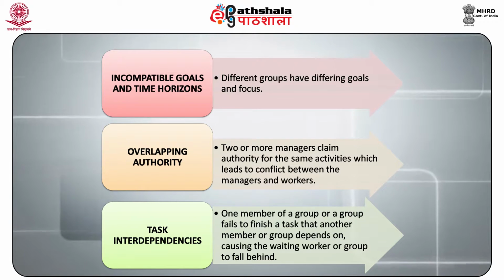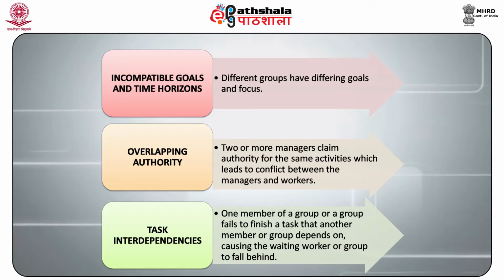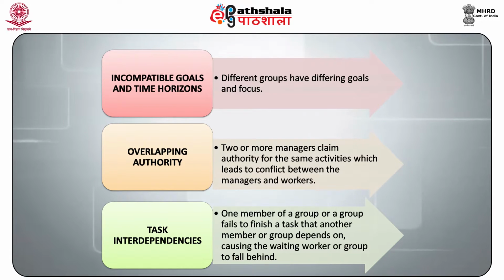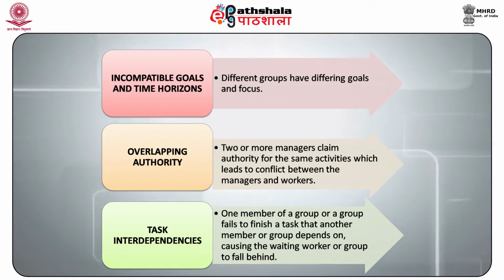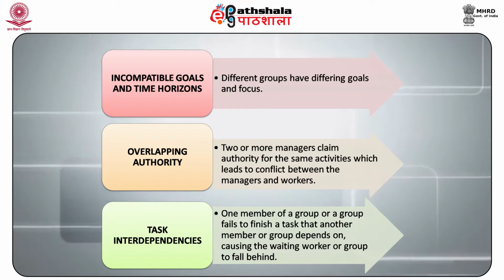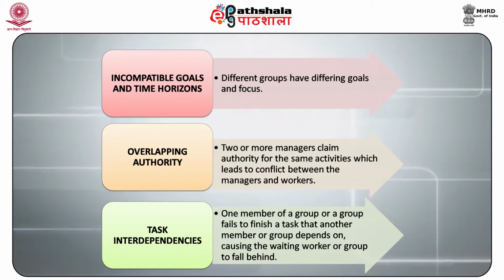Task interdependencies. One member of a group or a group fails to finish a task that another member or group depends on, causing the waiting worker or group to fall behind. Example, a car before finishing goes through many hands on a conveyor belt.